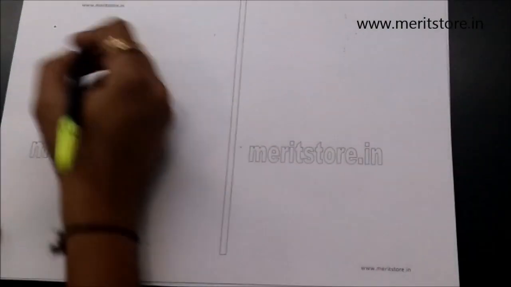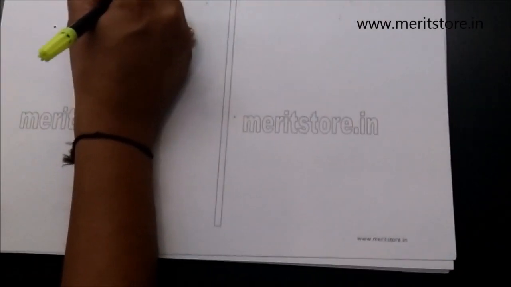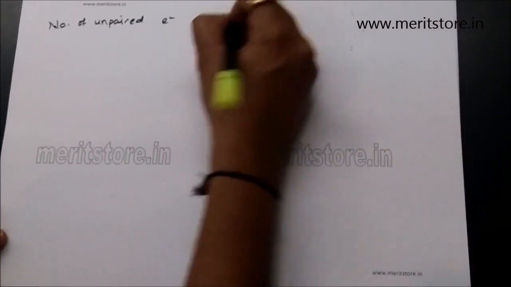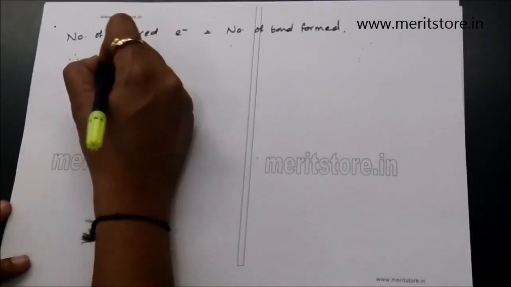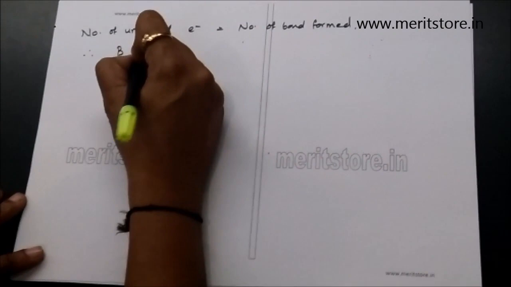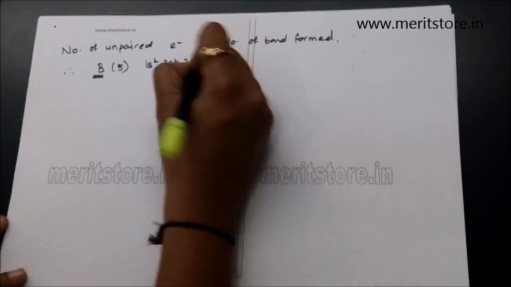According to valence bond theory, the number of unpaired electrons is equal to the number of bonds formed. Because of this reason, if I talk about an element like boron with atomic number 5, we have the electronic configuration 1s2, 2s2, 2p1.